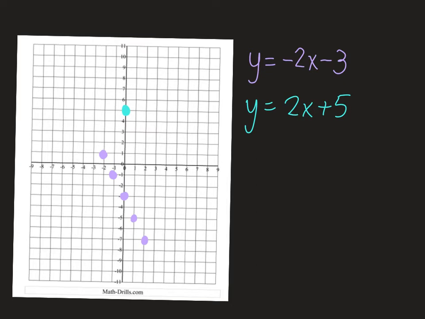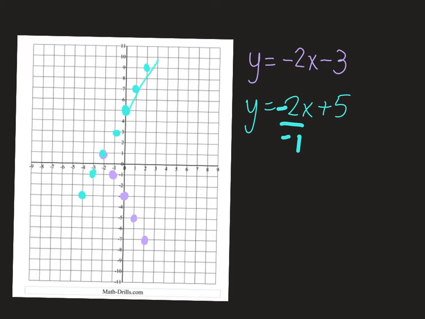Up 2, right 1, up 1, 2, and over 1. So it looks like if I keep going up and right, I'm never going to see where they cross. So I think I'm going to have to go negative, negative, down 2, left 1, down 2, left 1. That's where they cross. We found it.